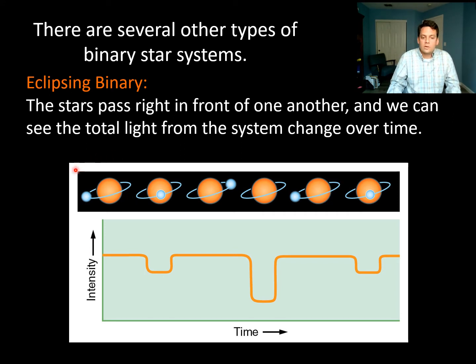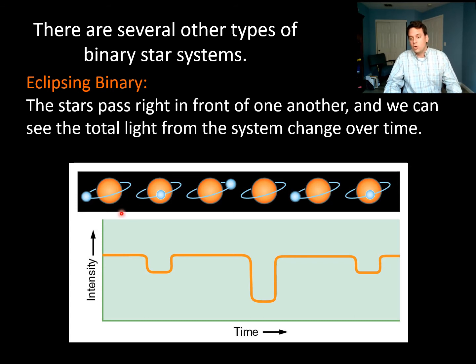There will be times where both stars are visible from Earth, just because of where those two stars are in their orbit. When that's the case, we're getting the maximum intensity possible from each star.